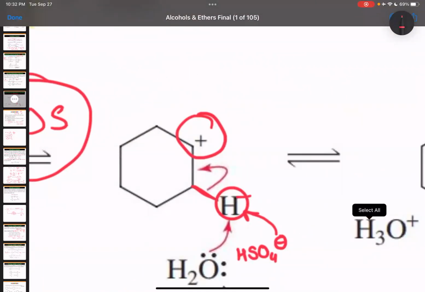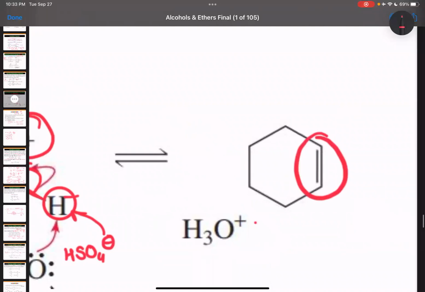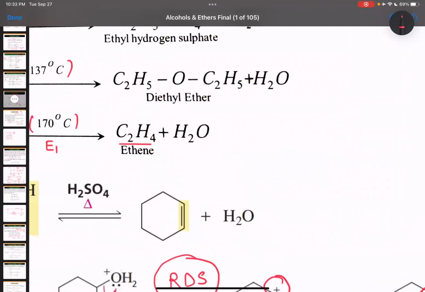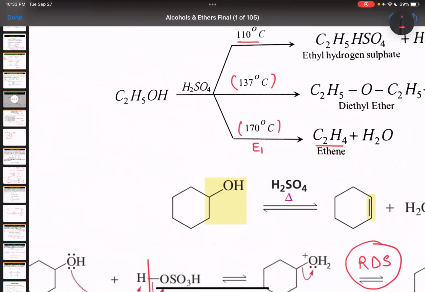And finally this H plus will be taken back by the HSO4 minus, or the water, and by heating, the electrons will get back to the carbon-carbon bond, and that's why you will have a double bond. So this is the mechanism. Rate is directly proportional to the stability of carbocation.